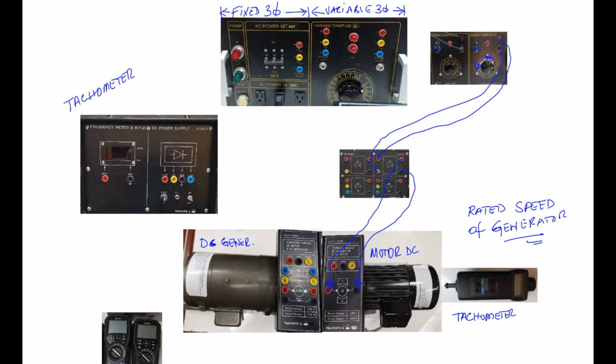So we take our fixed voltage and we pass it to our variable auto transformer. Line 1 to line 1, 2 to 2, and 3 to 3, and we receive our variable three-phase on the other side.